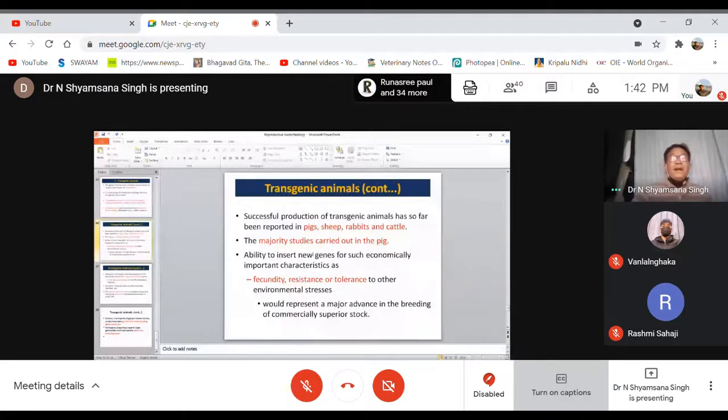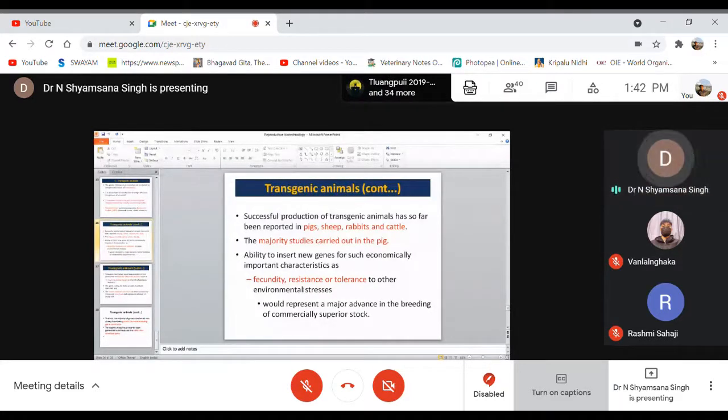Then, the ability to insert new genes for economically important characteristics like fecundity, resistance or tolerance to environmental stress. So in this particular field, it will give a major plus in the genetic improvement program of our livestock animals.